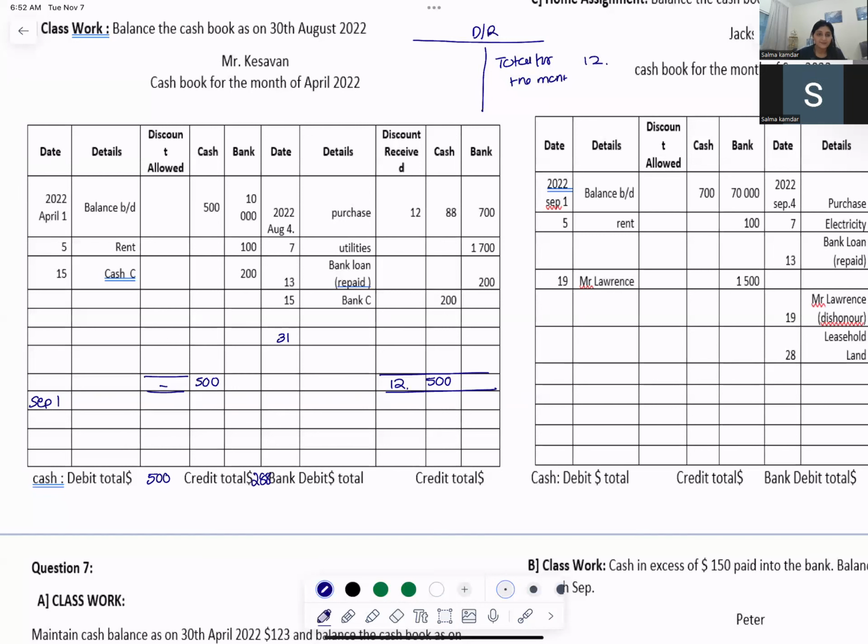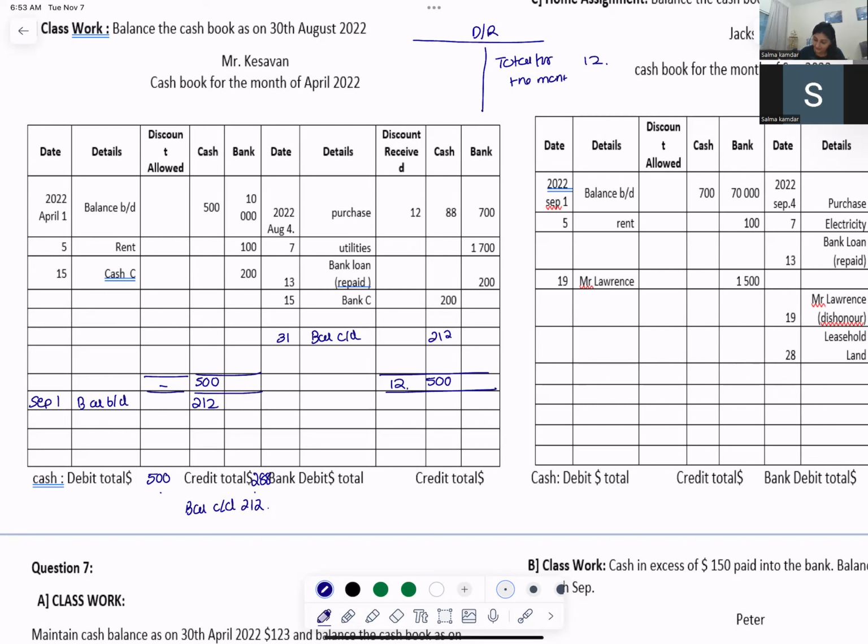From 500, when I deduct 288, it is 212, and 212 is my balance closed down, and the same will be my balance brought down, 212. From the debit total, I subtract the credit total. I will have the balance closed down on the shorter side, which is the credit side, and it will be 212. Now let's see for the bank.